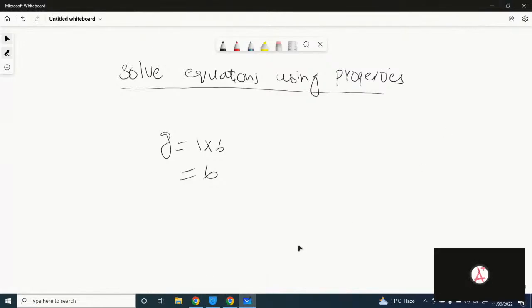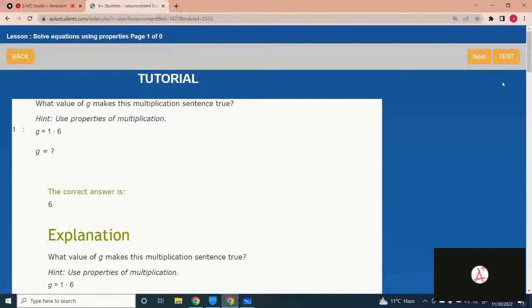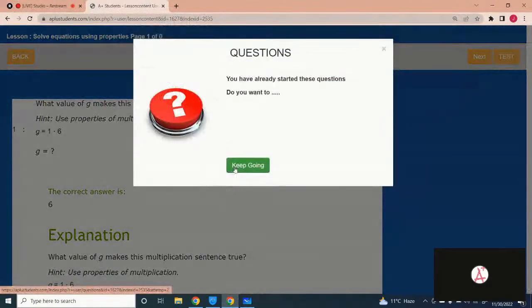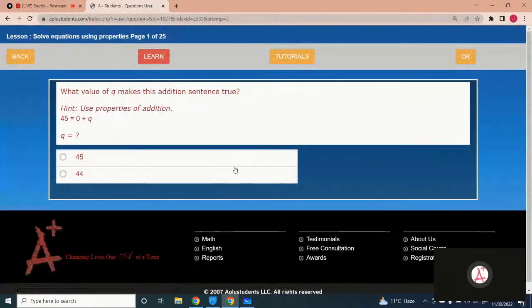Let's start with the test. Okay, what value of q makes the addition sentence true? Use properties of addition. q plus 0 is... adding 0 to any number means identity. Identity means adding 0 to any number equals the same number.